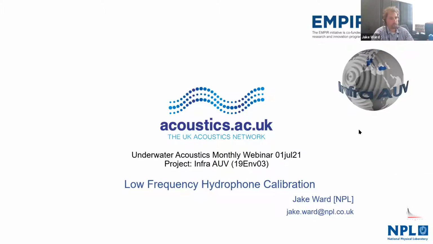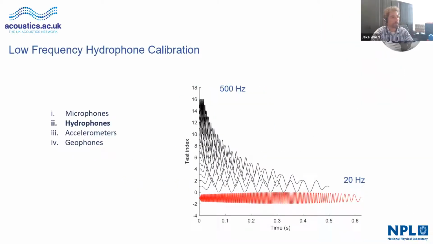Okay, so this project's about infrasound, and in particular calibrating hydrophones at low frequency. So this is different from the frequencies we're used to. I guess our understanding as human beings of frequency comes from our hearing system, and we don't really know much about below 20 hertz from an experiential stance.